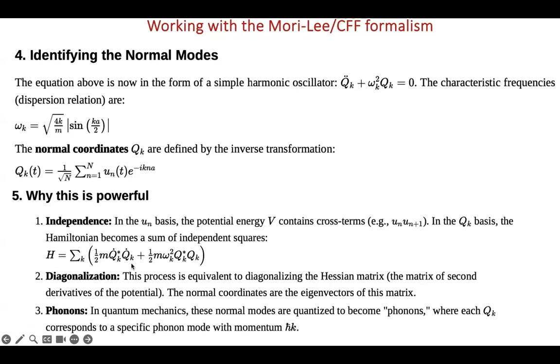You'll get the sum over n of pn squared over 2m plus the sum over n again of k over 2, I think, times un minus un minus 1, whole squared. That's your harmonic oscillator Hamiltonian. Here you get the same, but in terms of independent, decoupled oscillators. There, the displacements of adjacent particles are linked.